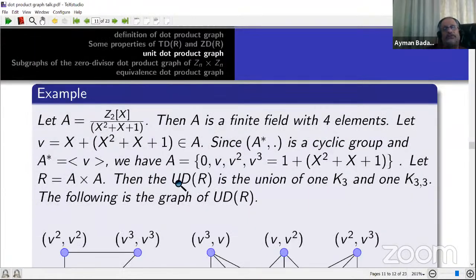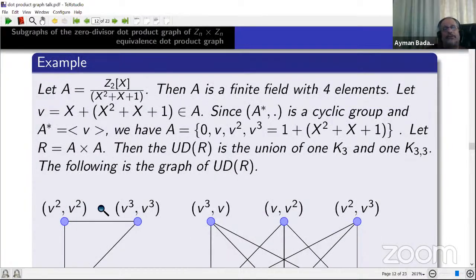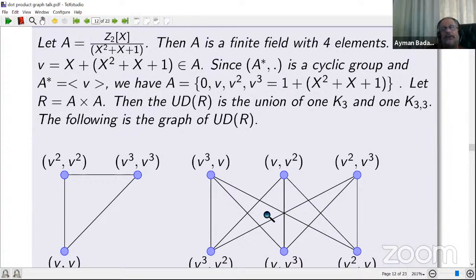And here is the shape of the unit dot product. We have 2 components. One of them is complete, as promised by the theorem, if you still remember it, and the other is complete bipartite. The one on the left is the complete one, and the one on the right is the complete bipartite.